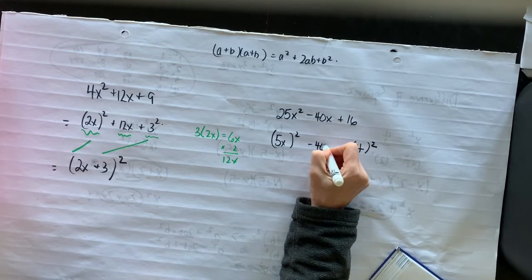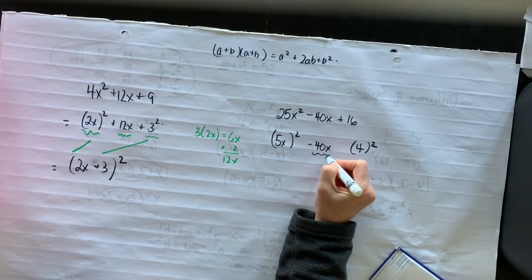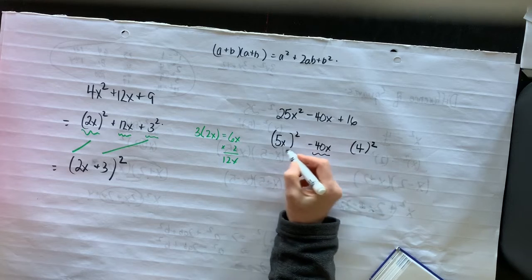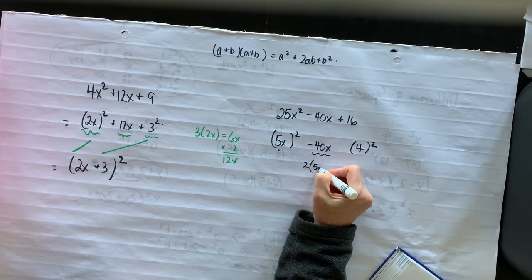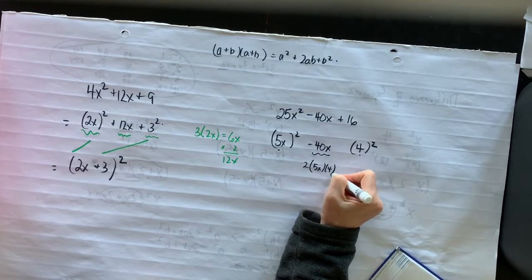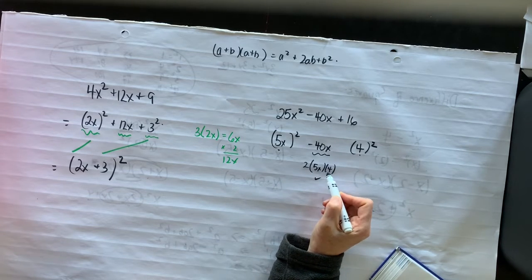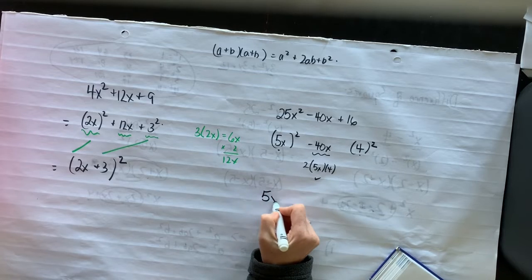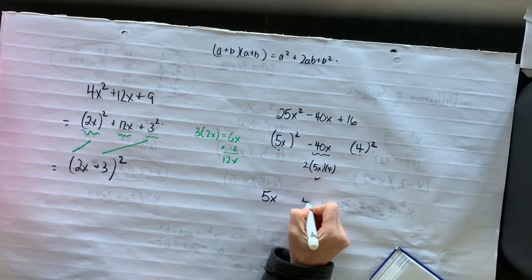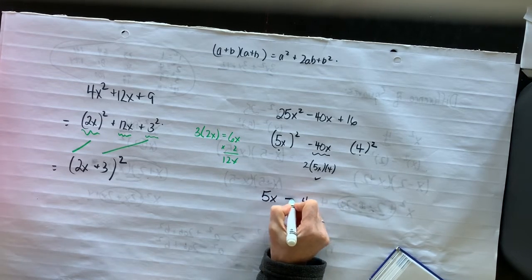Okay, so then I have this and I say, is this term equal to 2 times this times that? And I see that that's 20, it is. That's 20 times 2, which is 40. That means that I can rewrite this as 5x, 4, and I'm going to put a negative in there.